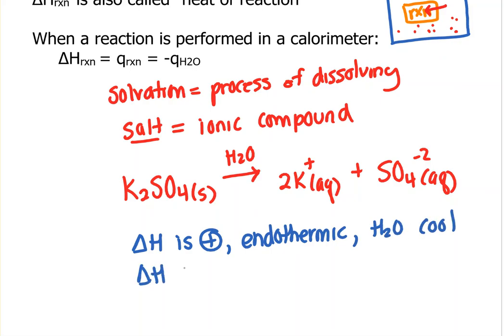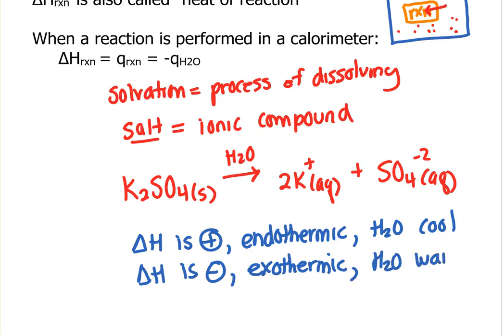This is a good thing to be able to associate, these relationships, because on a test I sometimes just ask these, but it's a good way to check your work as well. If delta H is negative, that's for an exothermic reaction. It means the substances are losing energy and the water surrounding would warm. This again gives you a good way at the end to check your math. If your delta H comes out negative, you can say, oh, did the water warm? Oh yeah, I did. Kind of check your work.